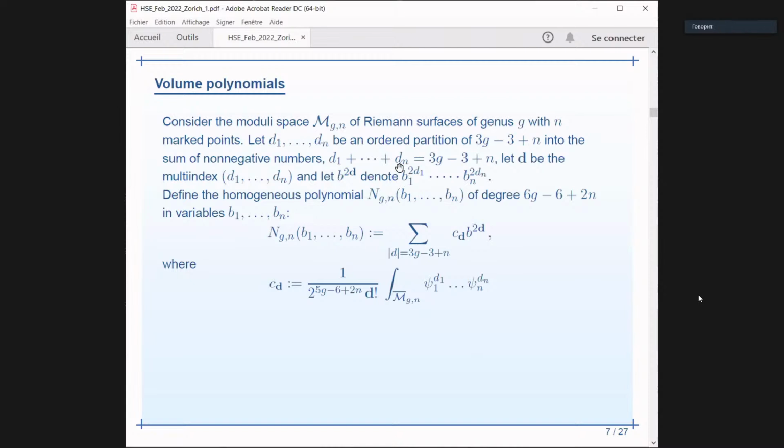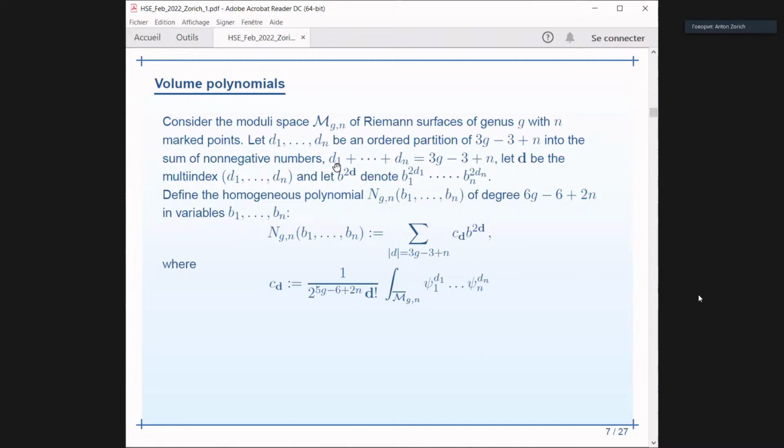And as always, when you have a huge pack of numbers, it is reasonable to wrap them into a generating function. Since there are only a finite number of them, our generating function would be a generating polynomial. So I will introduce formal parameters b1, etc., bn.